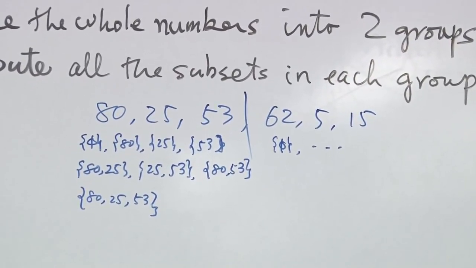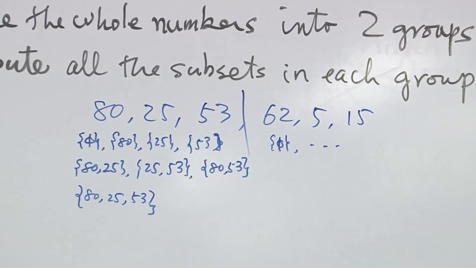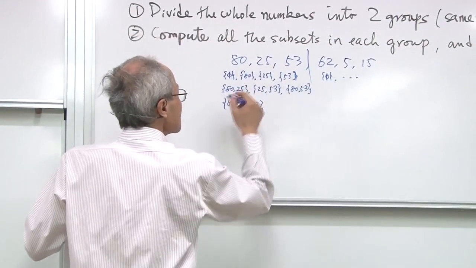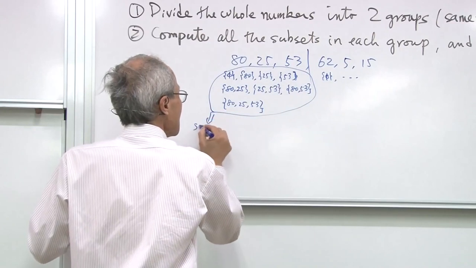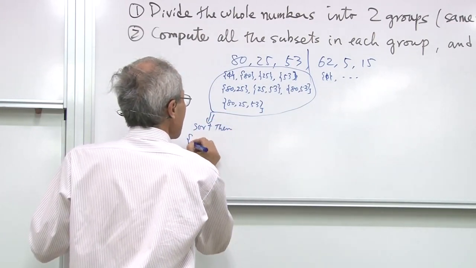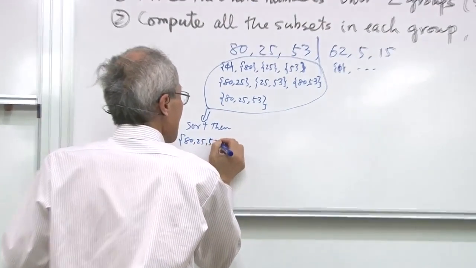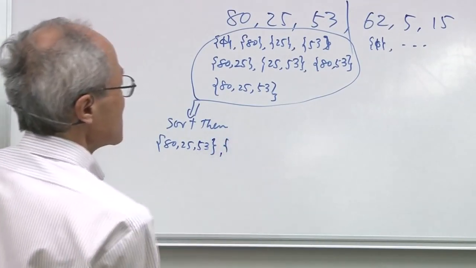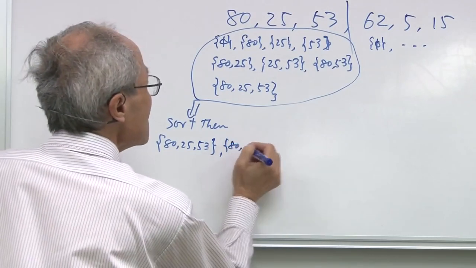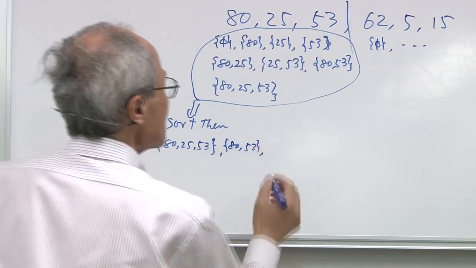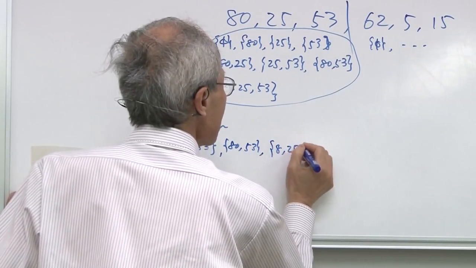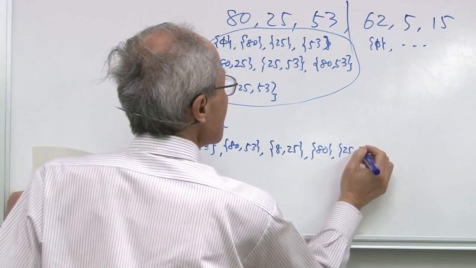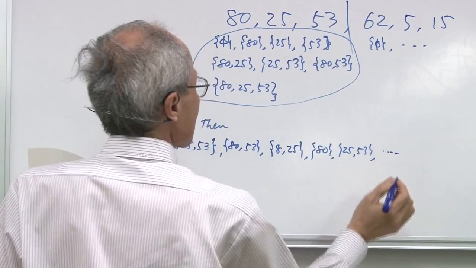Then sort them by the value, by its sum. Here we sort those numbers. 80, 25, 53 is the biggest sum. What's the second biggest sum? 80, 53. The third one is 80, 25. And the next one is 80. The next one is 25, 53. And so on and so forth.